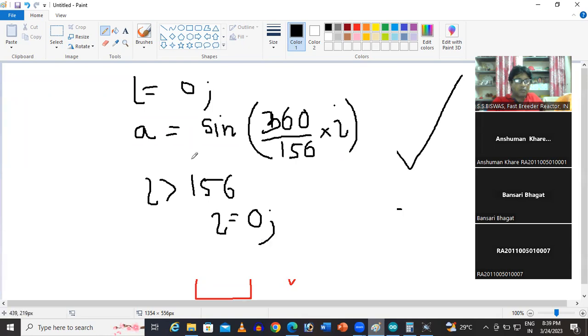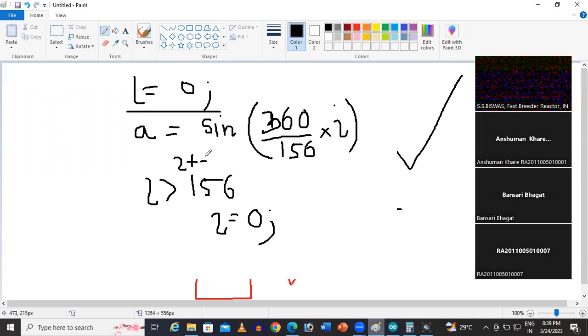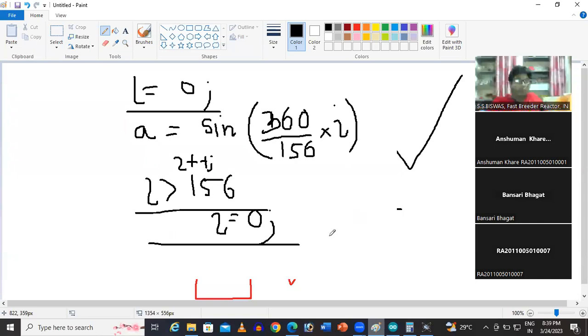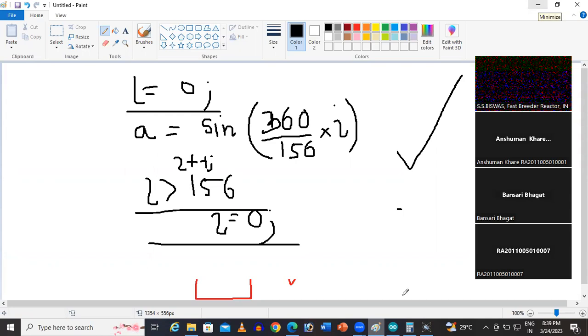So first it will start from 0. It will give sine 0. Then here it is I plus plus, I will be getting incremented. And once this I becomes 156, so 360 degrees over, then immediately it will initialize. If I crosses the value 156, again I becomes 0. So these things only I am doing. Nothing else. It is the same as the earlier code.